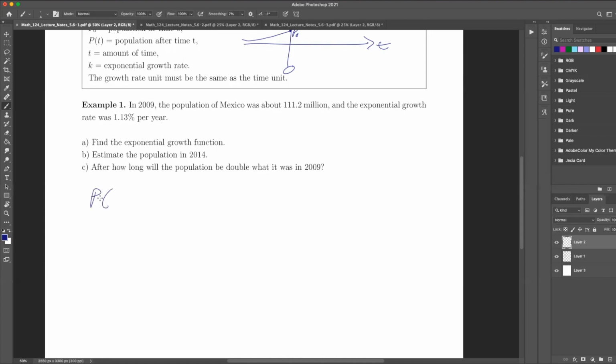P of t is still going to be the population at time t. Our function will be the following. We'll have 111.2, that's our initial population in millions. I could put all the zeros, but let's just say it's in millions. Then e, our natural number, and then 0.01.